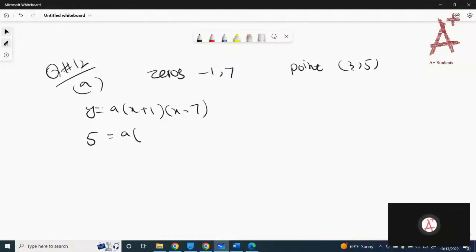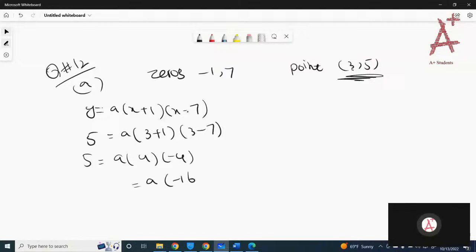So x is 3, so (3 plus 1) and (3 minus 7). I'm using the point that is given in the question. Got it? So it would be then 5 equals a, 3 plus 1 is 4 and 3 minus 7 is -4. So it would be 4 times -4 is -16, and 5. So a equals -5 by 16.